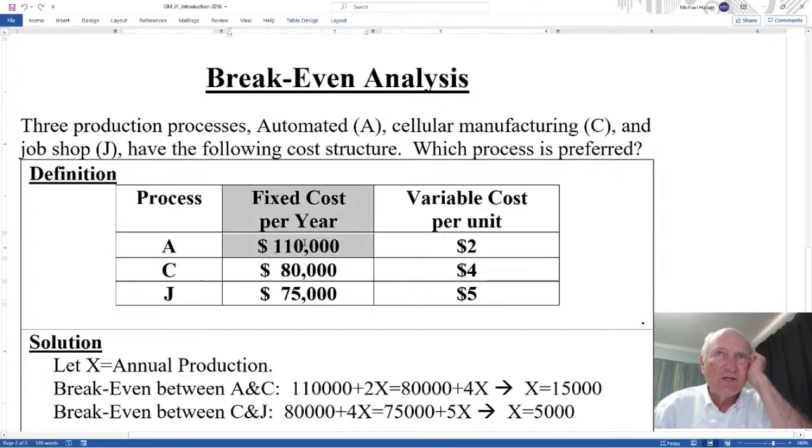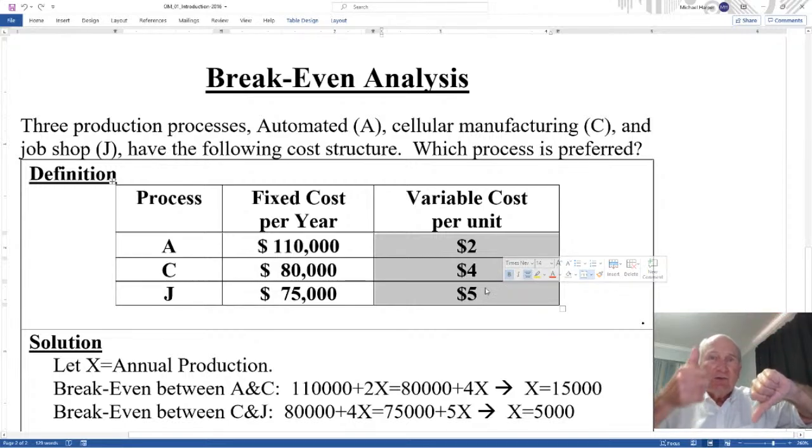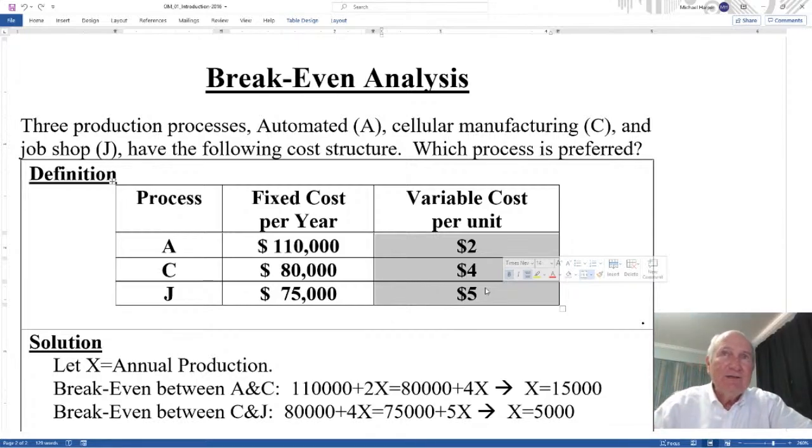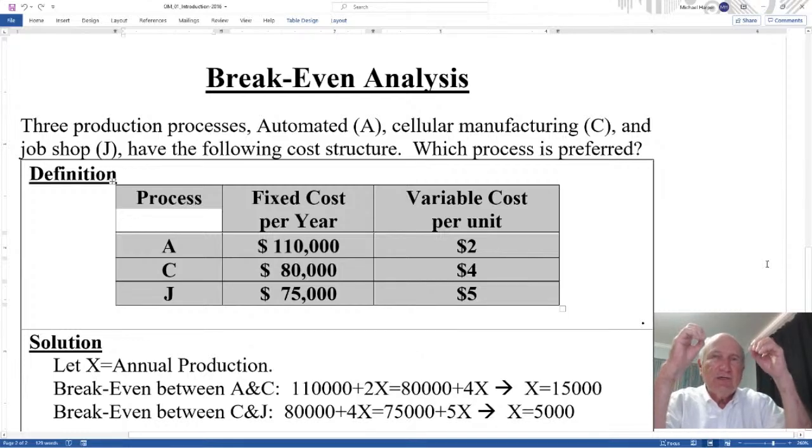When the fixed cost decreases, 1, 10, 80, at the same time the variable cost increases, when one goes down and the other goes up, that structure of the problem, there's a break-even in there. Aha. So that structure is something extremely helpful to know what you're looking at, to recognize that the structure indicates there's a break-even.